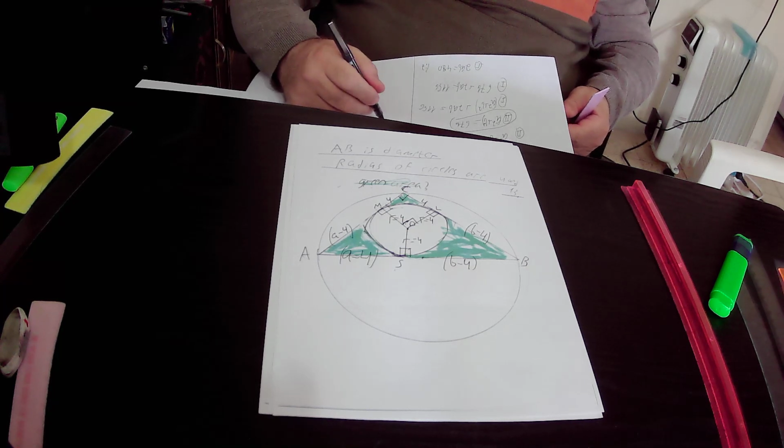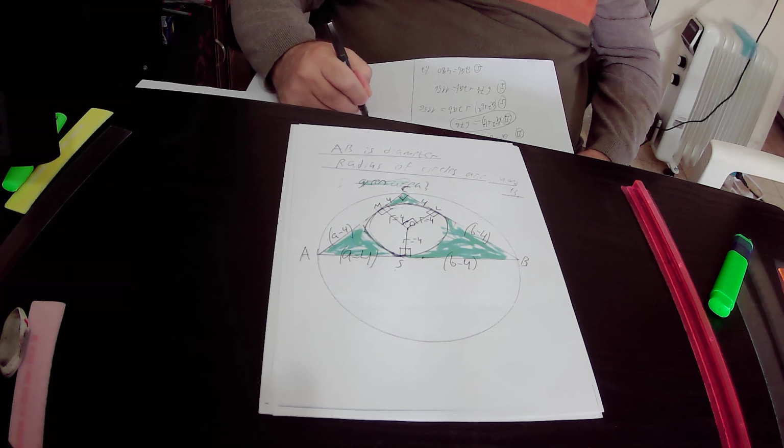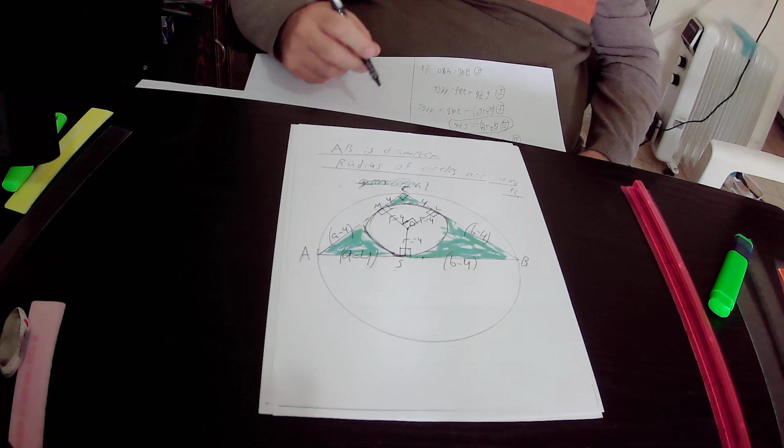So the blue area equals the area of triangle ABC.